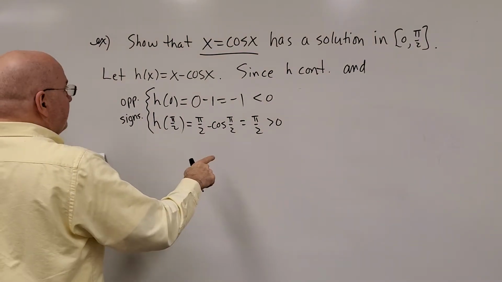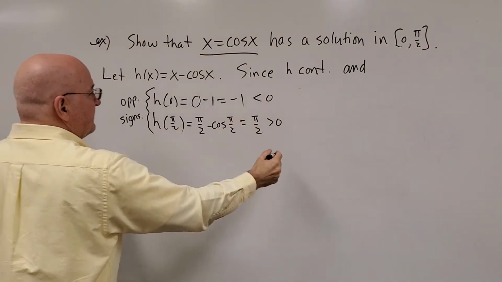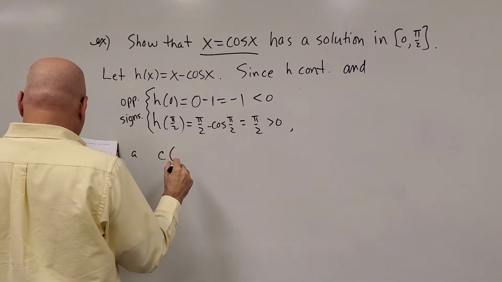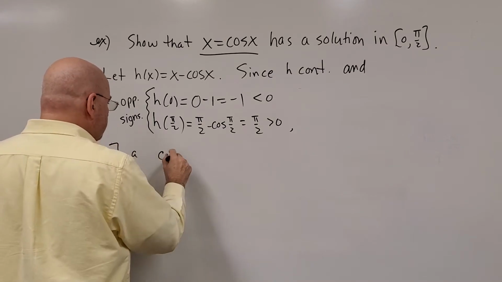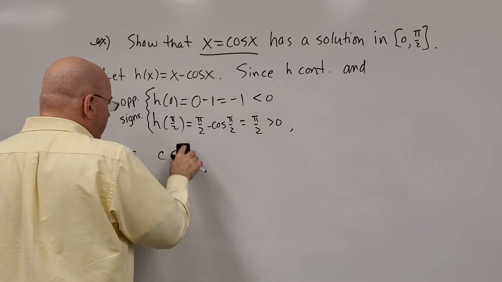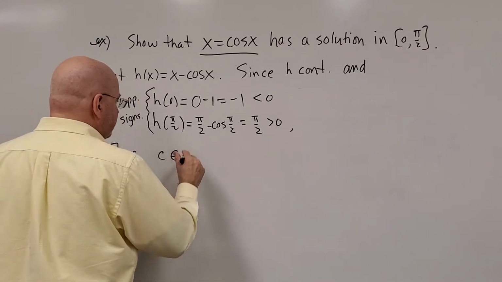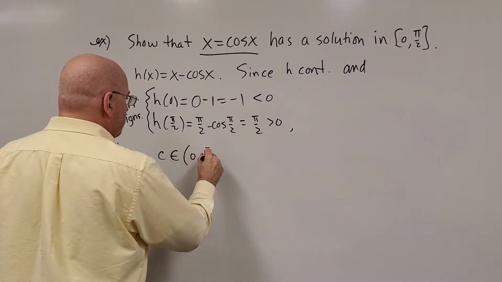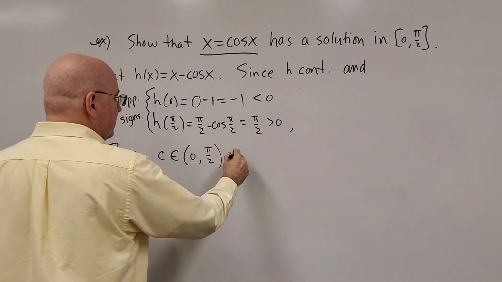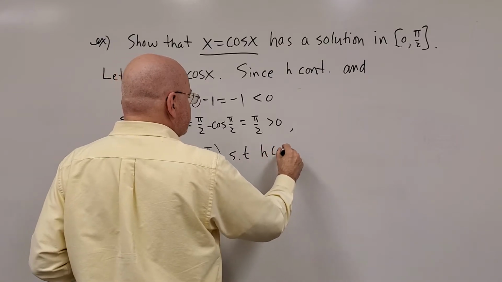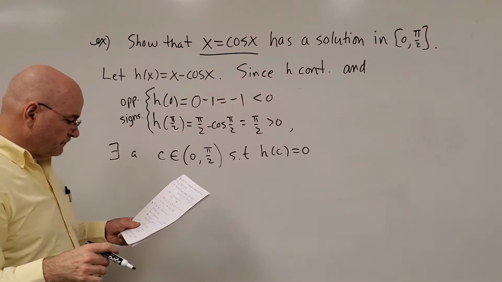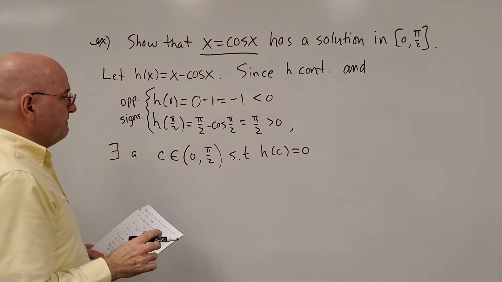All right, since that is true, we can say there exists a c that's in between, or somewhere in the interval, actually strictly in between. So in the open interval from 0 to pi over 2, such that h of c is equal to 0. That's by Bolzano's theorem.